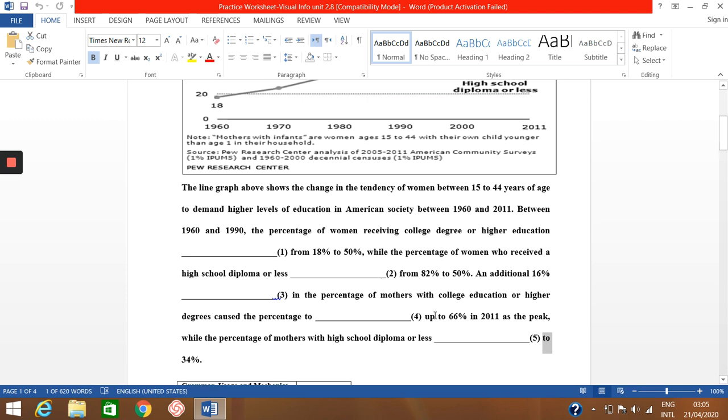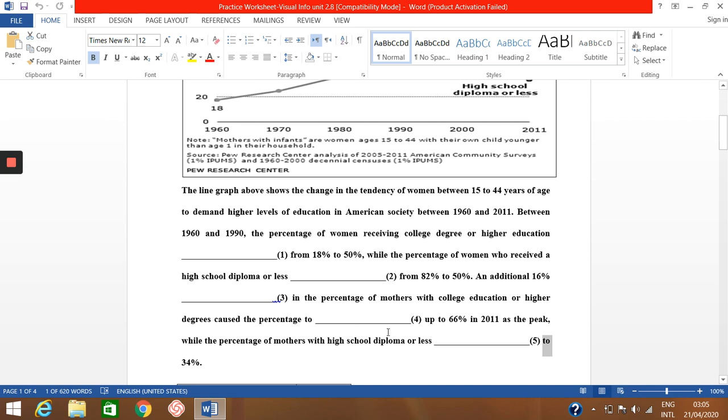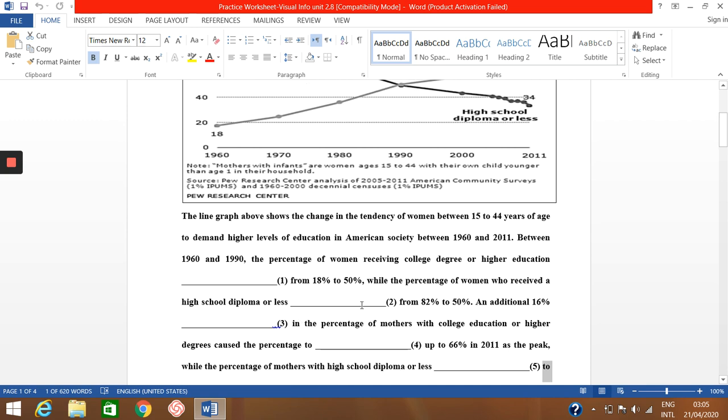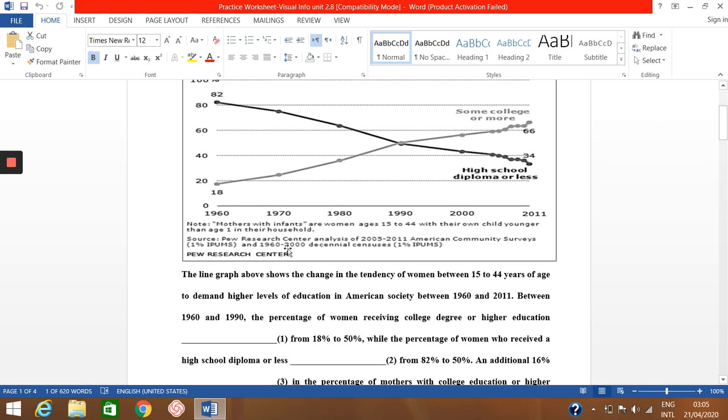So in this way, we fill in the gaps given here by describing the change in the chart, concentrating on each line graph by itself, where you can show some kind of contrast, concentrating on describing the trend, whether it's an upward trend or a downward trend, in a very simple way.